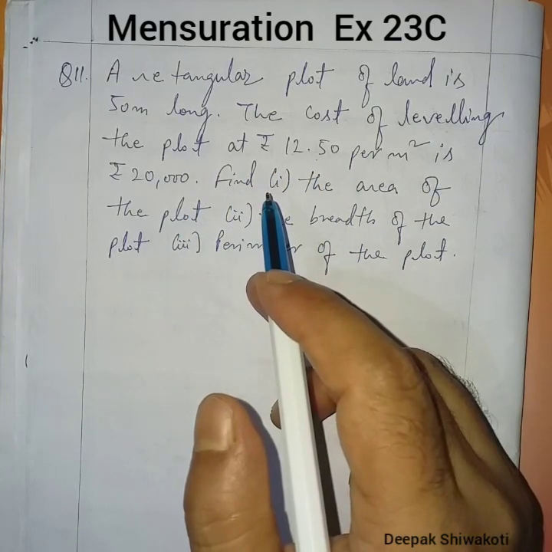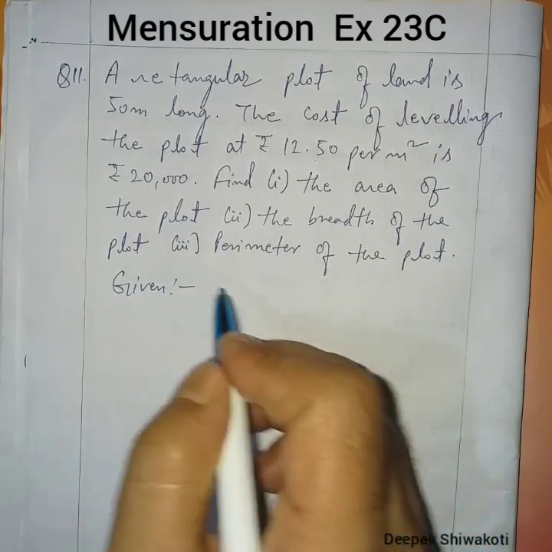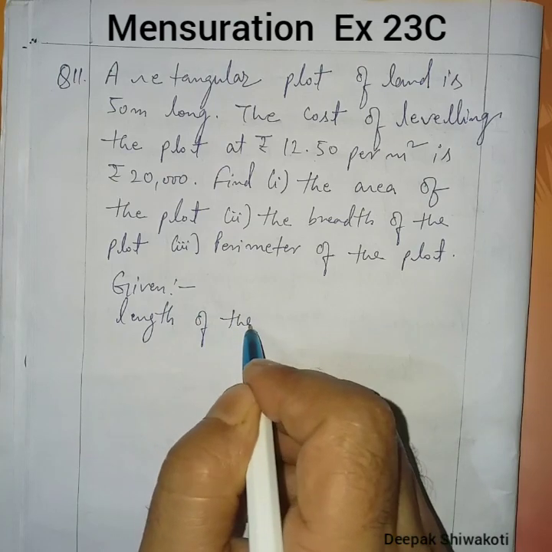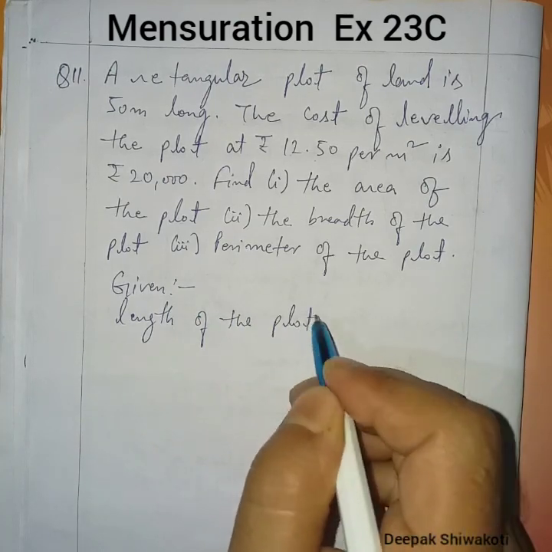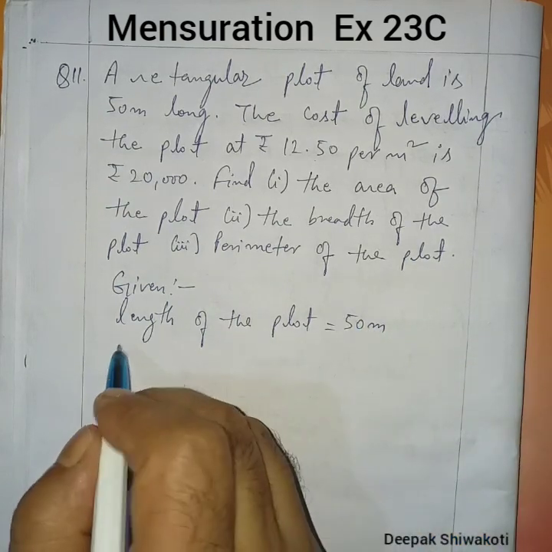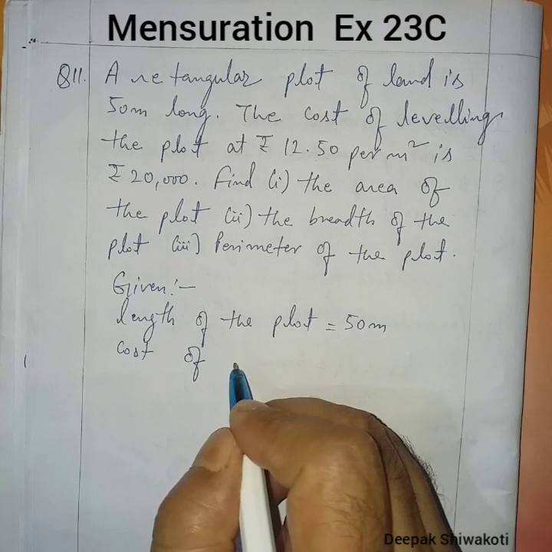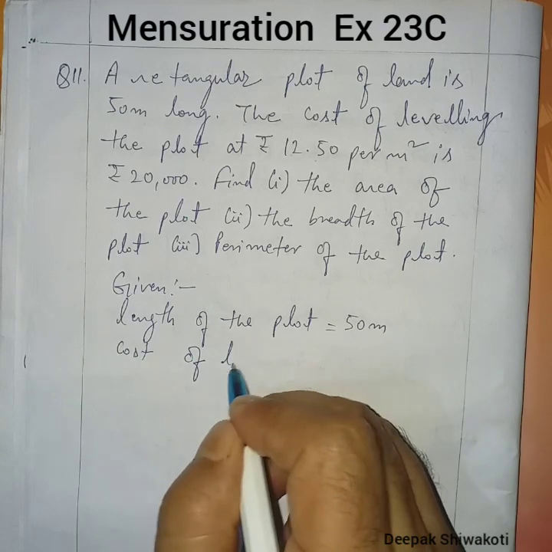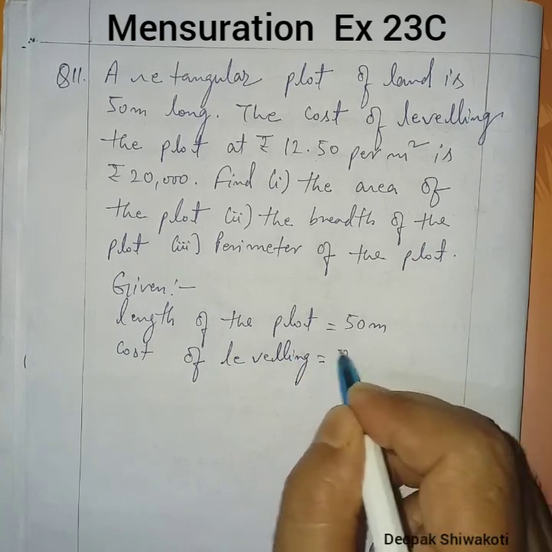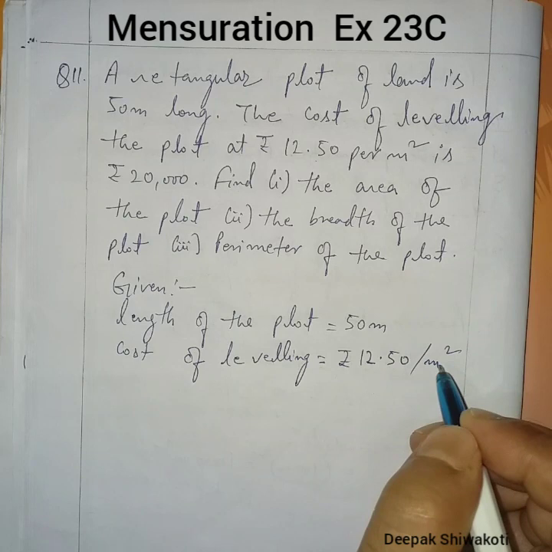Okay, so given here is the length of the plot is 50 meter, and the total cost of leveling is 20,000, and the cost of leveling per meter square is rupees 12.50, okay, per meter square this is.